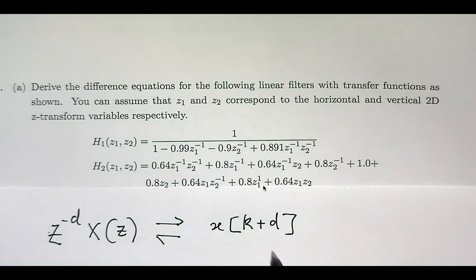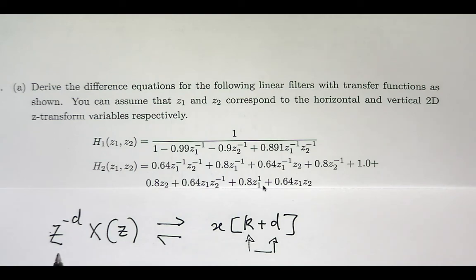So if your current offset is k, then a shift of plus k corresponds, in the z domain, to doing this pre-multiplication by z to the power of minus d, okay?